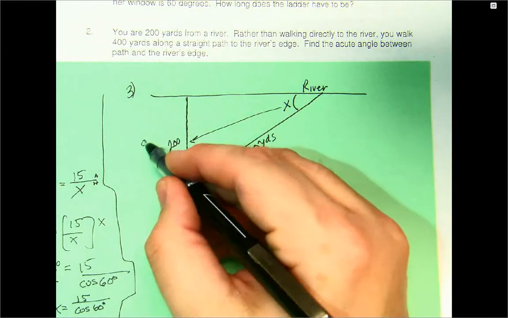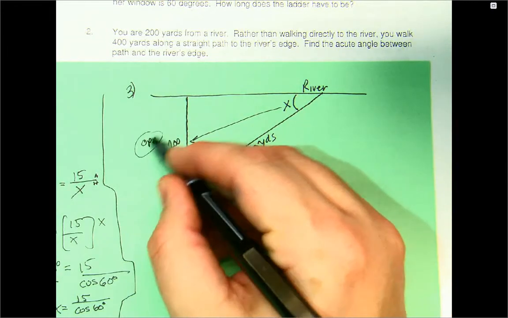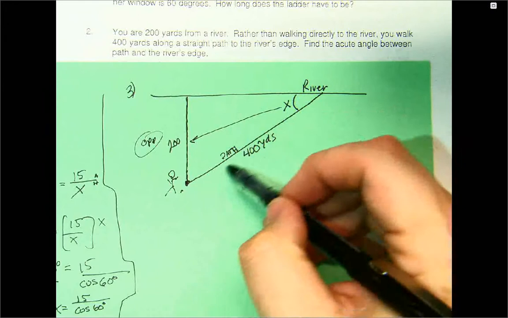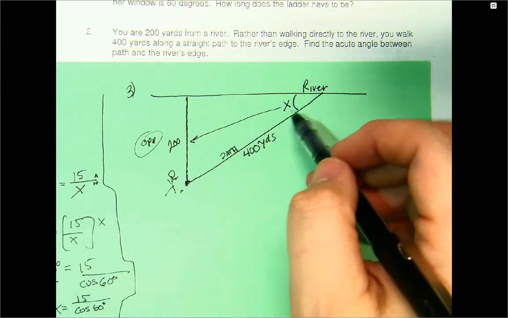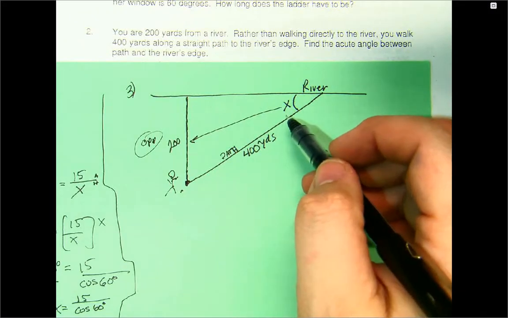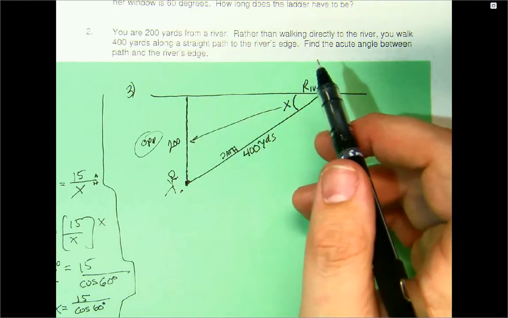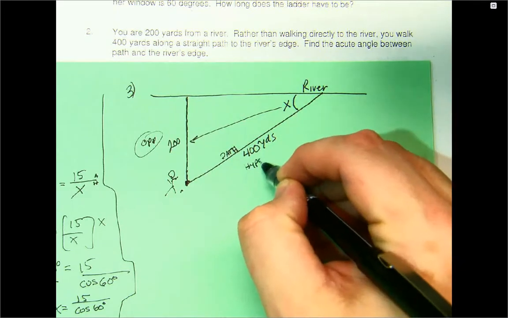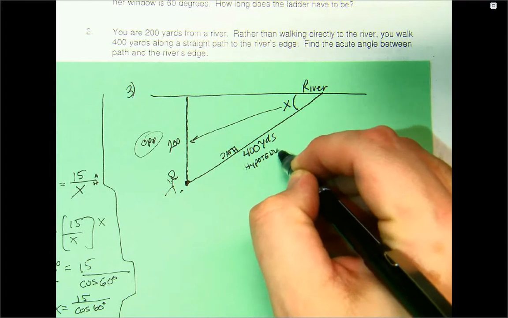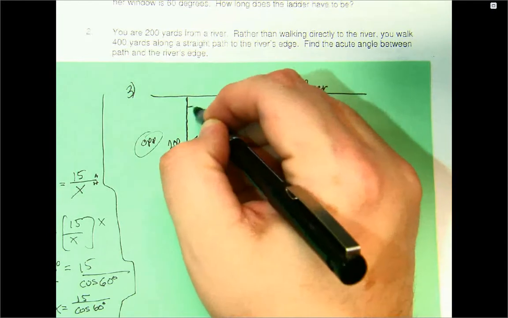Now, that 400, is this opposite, adjacent, or hypotenuse? Well, the only two things we have left are the adjacent or the hypotenuse. Yeah, it's the hypotenuse, because 90 degrees is formed right here. So I have opposite and hypotenuse.